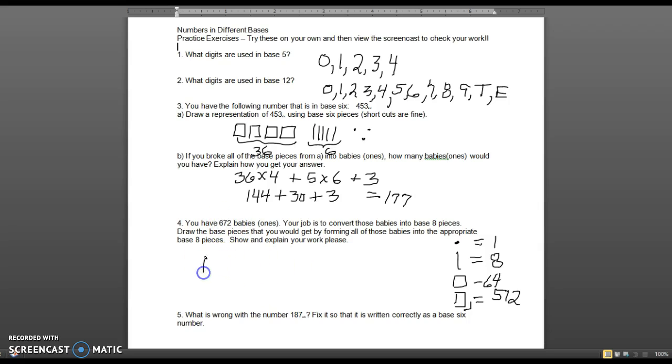So I know I'm going to need one of my shadows. And when I do that one shadow, it means I've used up 512 of the babies out of the pile, and I've got 160 left to work with. So now I want to know how many flats that's going to get me. So if I take 160 and I think about how many 64s I can form out of that, that's going to be 2.